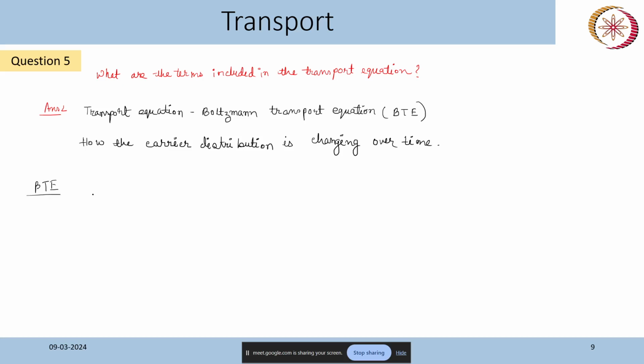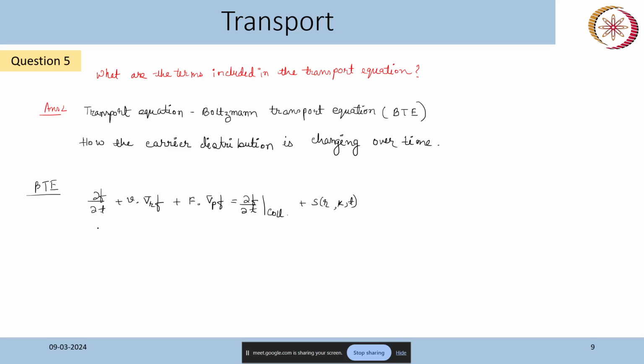Okay. So there is this first term del F by del T, plus V dot del R F, plus F dot del P F. This is equal to del F by del T due to collision, plus the source term here, this is for generation and recombination, K T, which is a function of R position, K momentum, and T time.